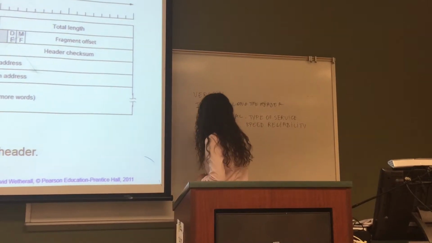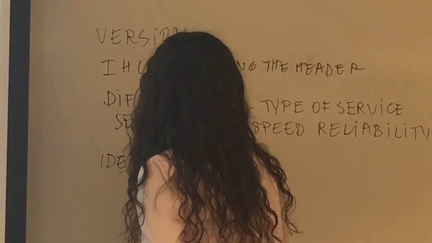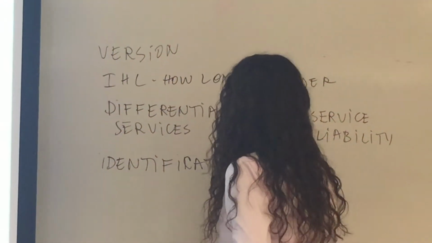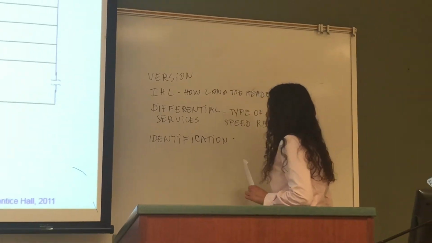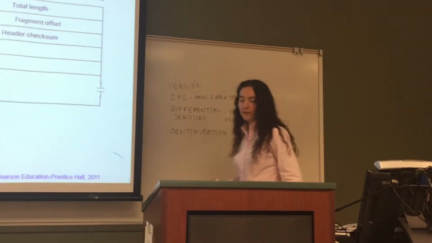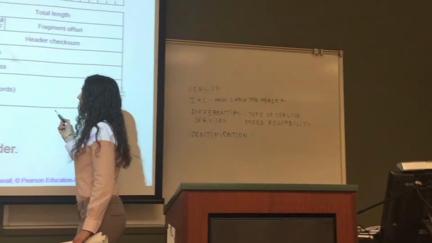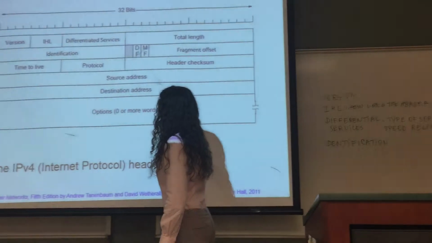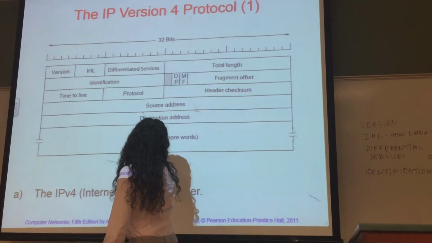This is to identify which packet a particular fragment belongs to. So all the fragments which are part of the same packet or data stream would have the identification number the same.